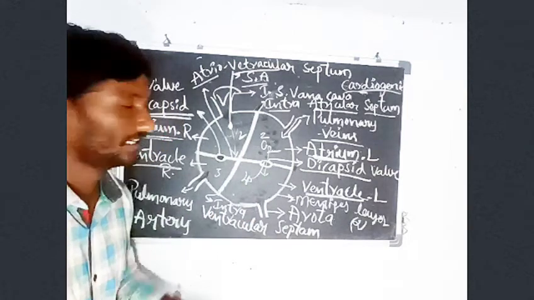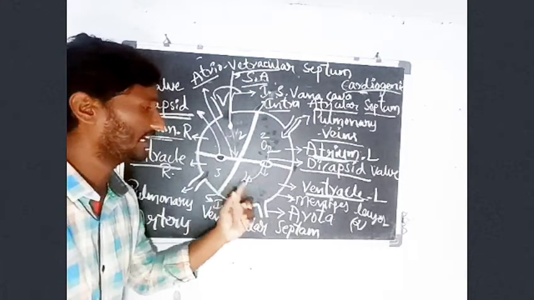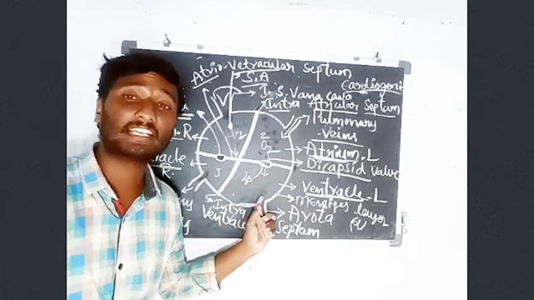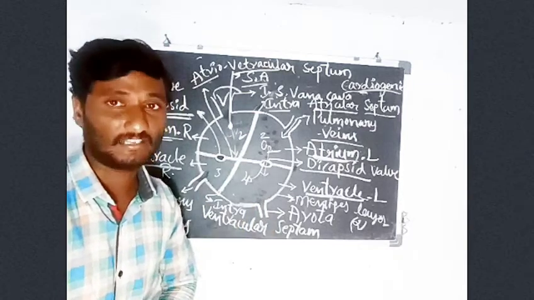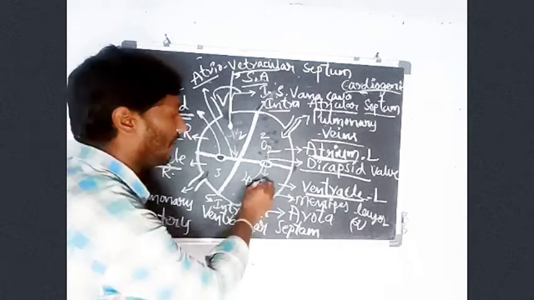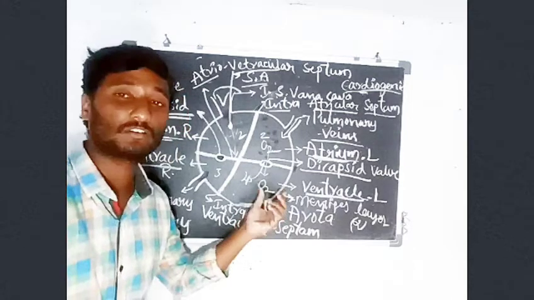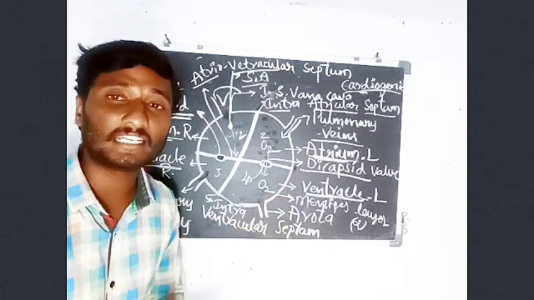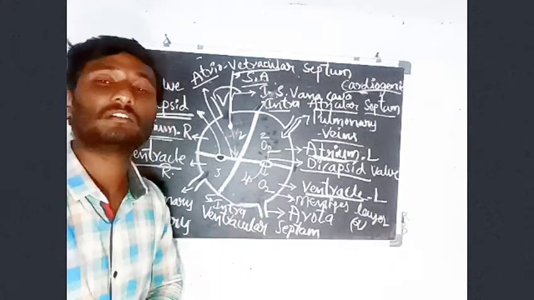Okay? Next, left ventricle. When we are comparing the left and right ventricle, the left ventricle is bigger than the right ventricle. Why? Because oxygenated blood is totally located in the left ventricle.